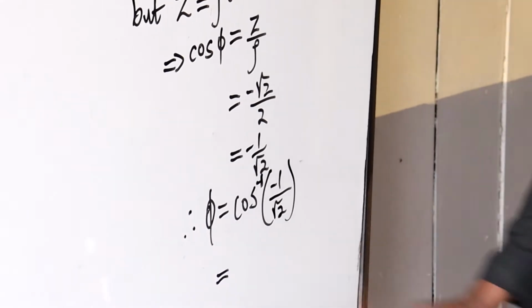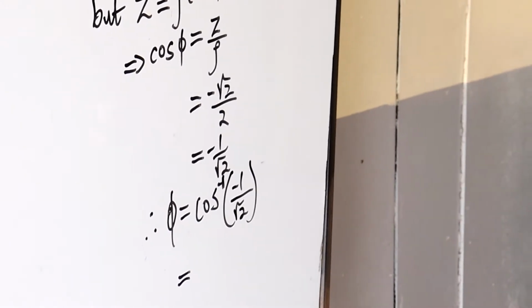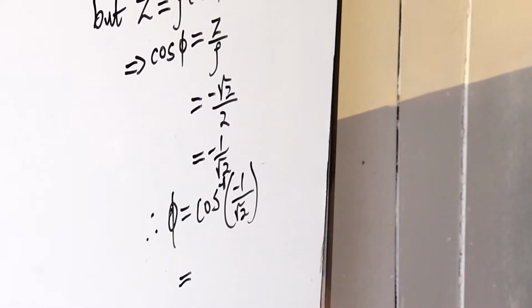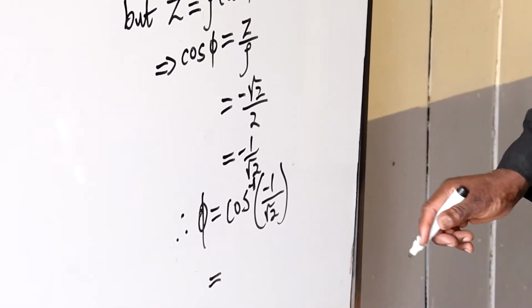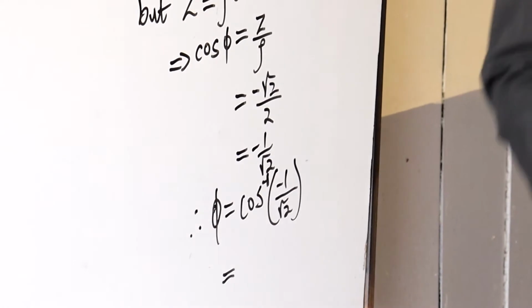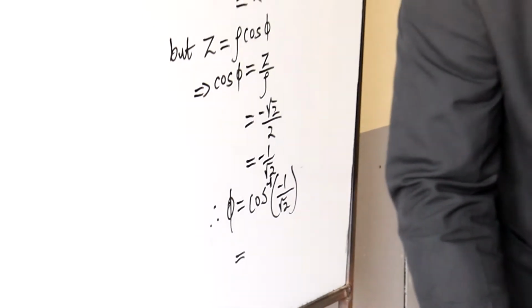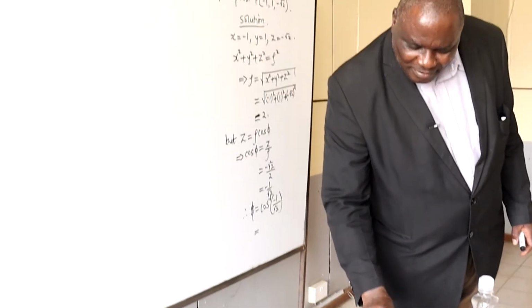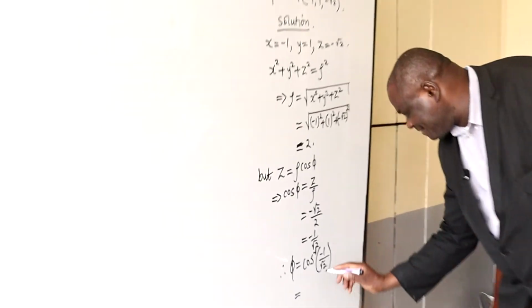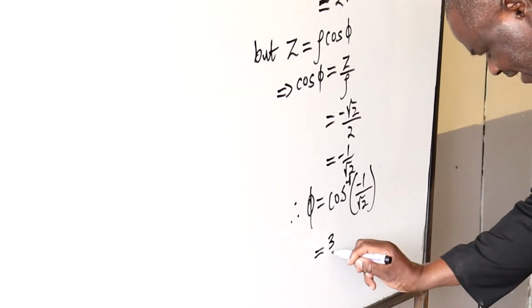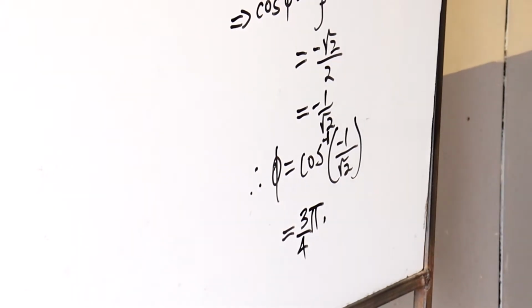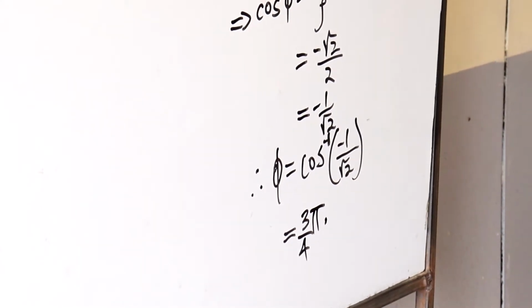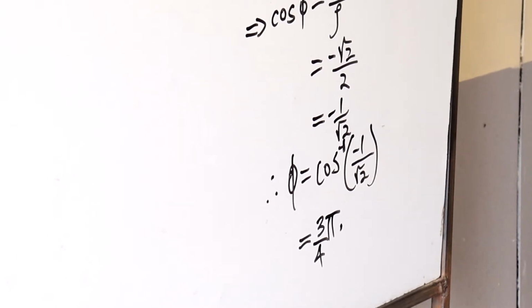If this is computed, it gives us 3 over 4 pi. That's the value of our phi.